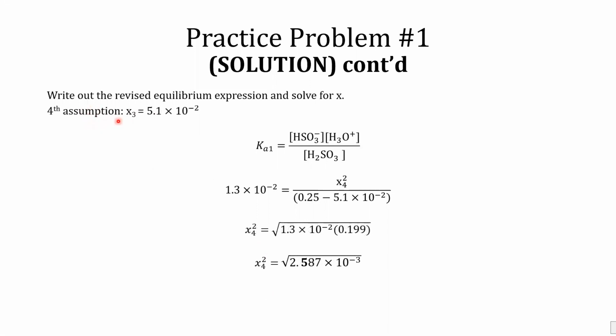In the fourth assumption, with x3 equaling 5.1 times 10 to the minus 2, x4 equals plus or minus 5.1 times 10 to the minus 2. As you can see, x3 and x4's values are identical, so the final x value is 5.1 times 10 to the minus 2.